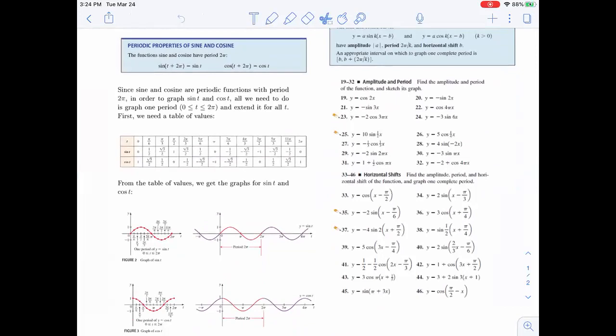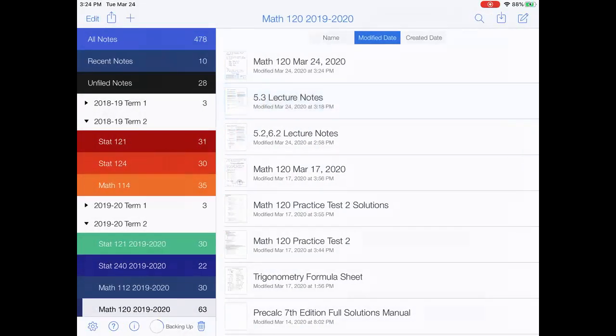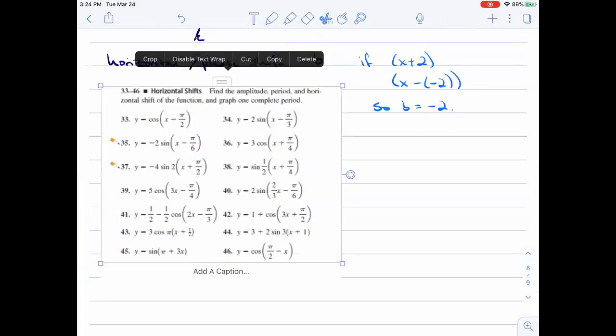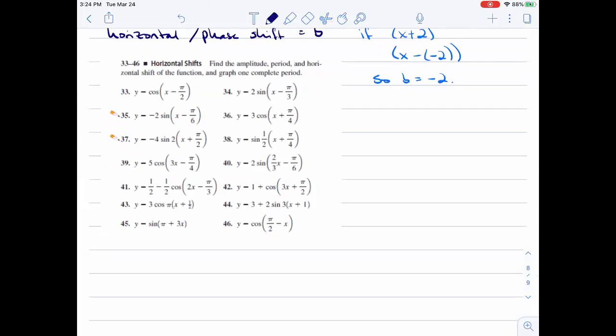Let's do some of these. Let's pick from there. Okay.